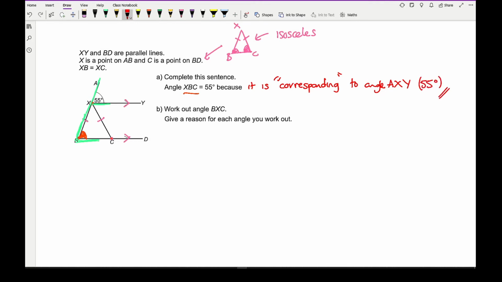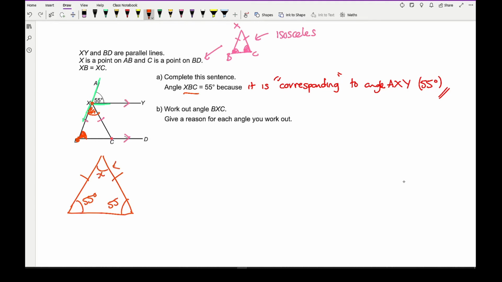Now the question then says work out the angle BXC. Now BXC is, and again I might have to get rid of some of these markings because I've lost where B is. There it is. So angle BXC is B to X to C. So it's this angle here that I'm trying to find. Well, if I take that triangle out, as I've already mentioned the triangle is isosceles, so this angle here is 55, which means that this angle here is going to be 55, and this is the angle I'm trying to find.